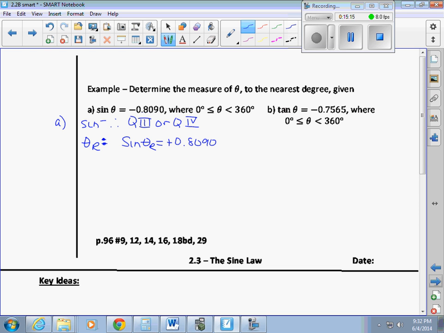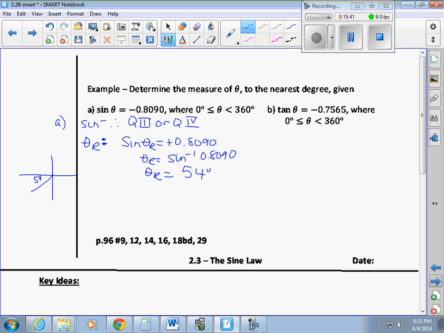So on your calculator, you would do sine inverse 0.8090. So that's sine second function. You find out that your reference angle is, rounded, 54 degrees, because we're rounding to the nearest degree.